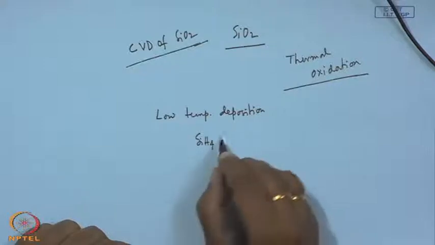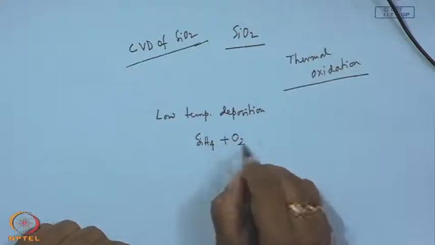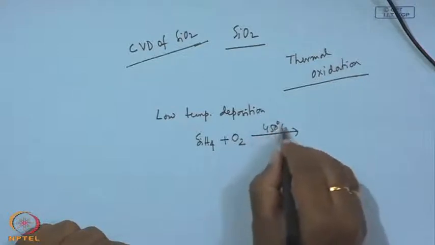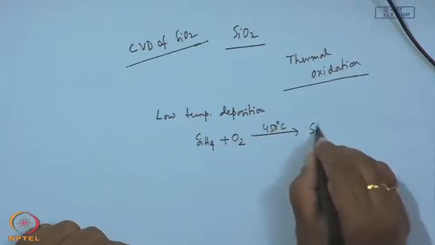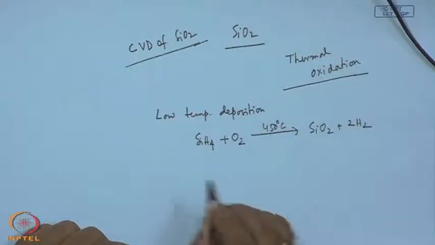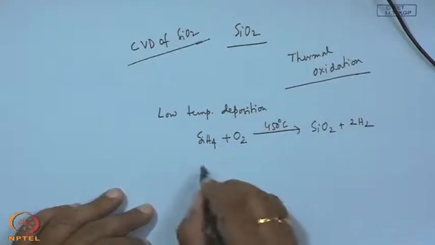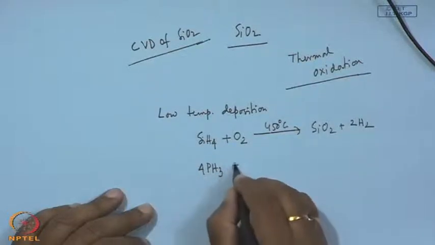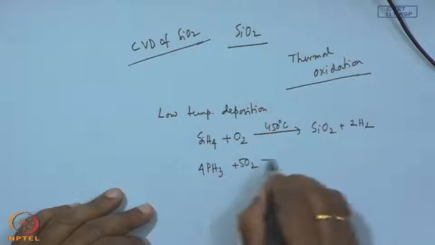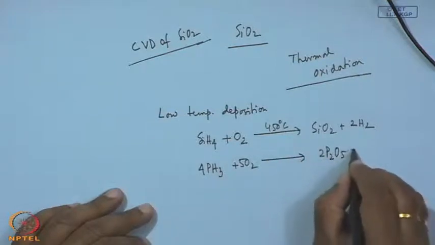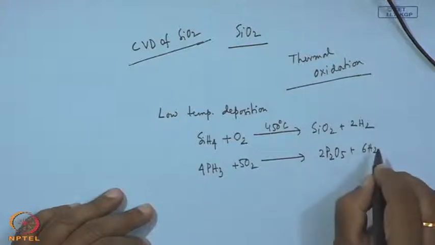So, if we make silane react with oxygen at, say, 450 degrees centigrade, we shall get SiO2 plus 2H2, that is hydrogen. Or you can dope it, say 4 phosphine, PH3, reacting with oxygen simultaneously, which will give 2P2O5 plus 6H2.